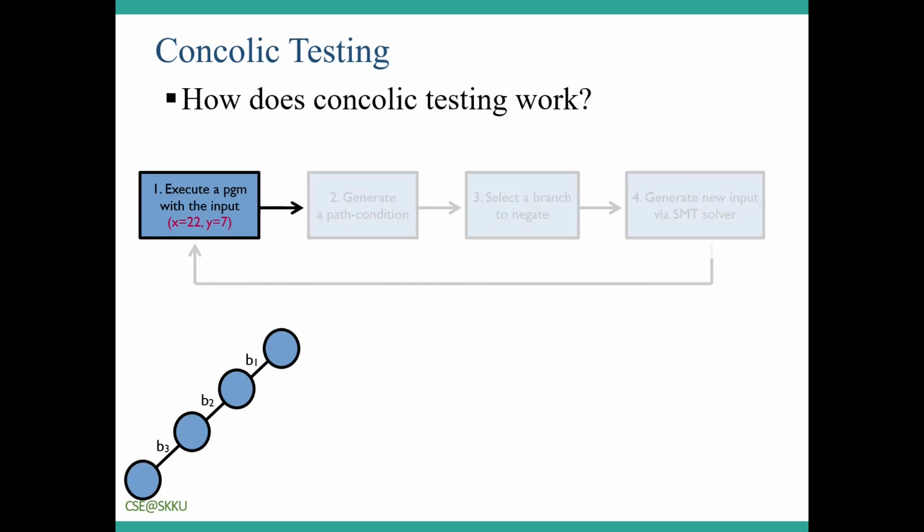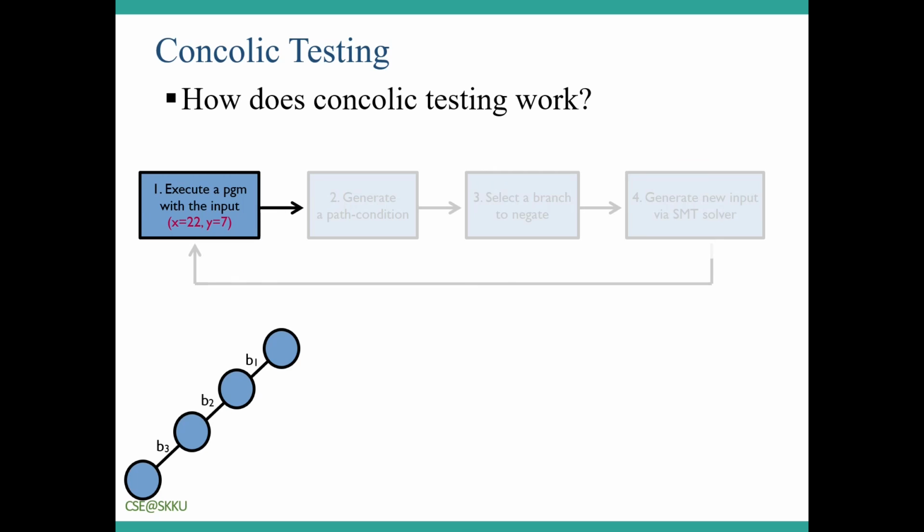Now let's finally summarize how concolic testing works at a high level. Concolic testing systematically and automatically generates test cases by repeating the following four steps.